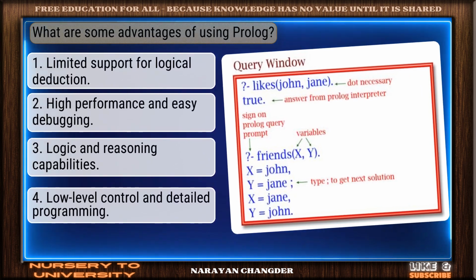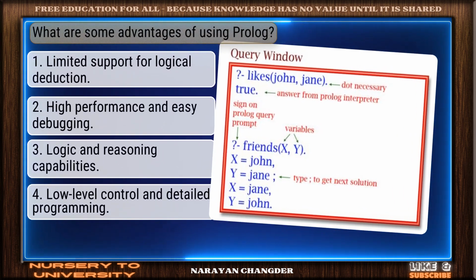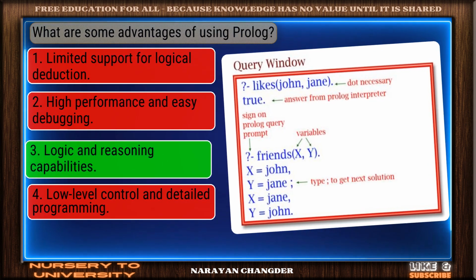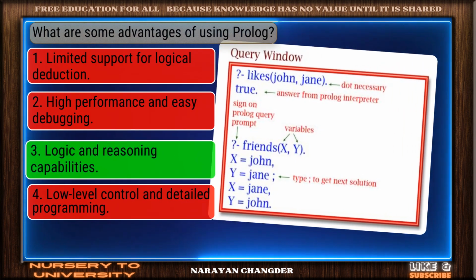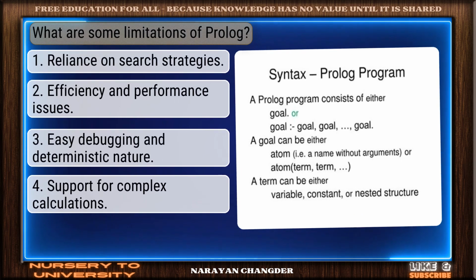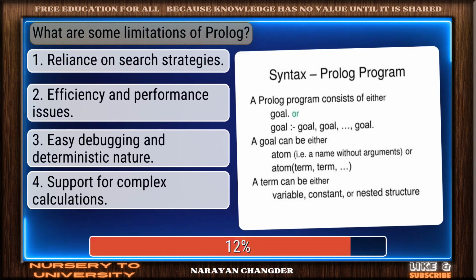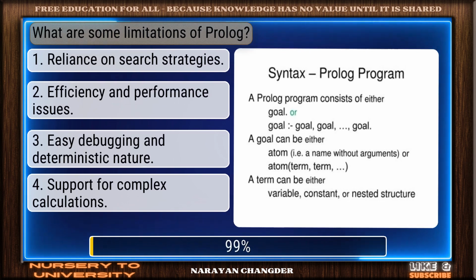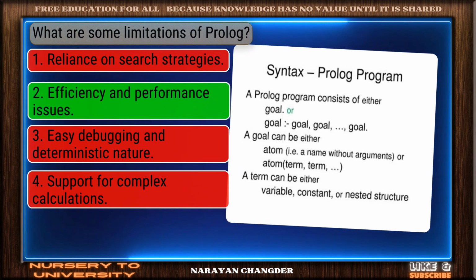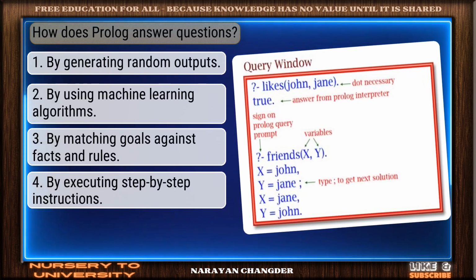Question number 27. What are some advantages of using Prolog? Great thinking. Logic and reasoning capabilities is the right choice. Question number 28. What are some limitations of Prolog? Well picked. Efficiency and performance issues is the correct answer. Question number 29.